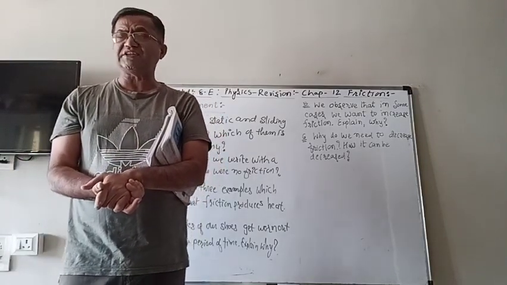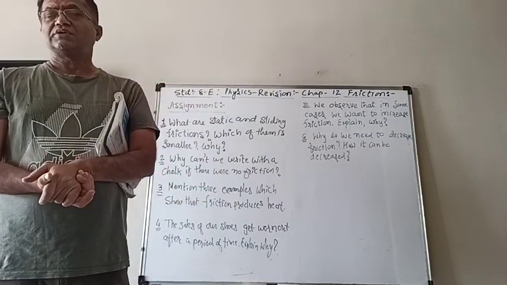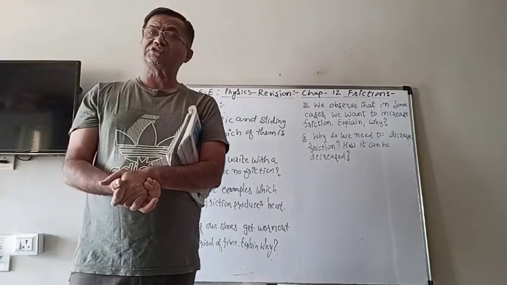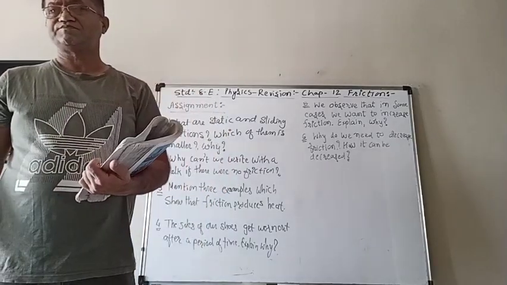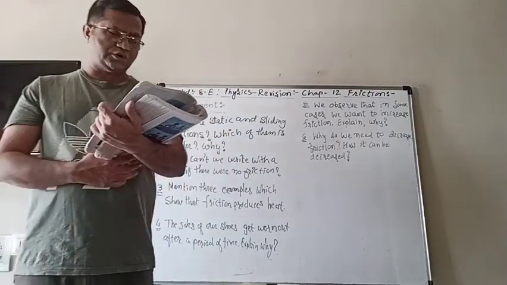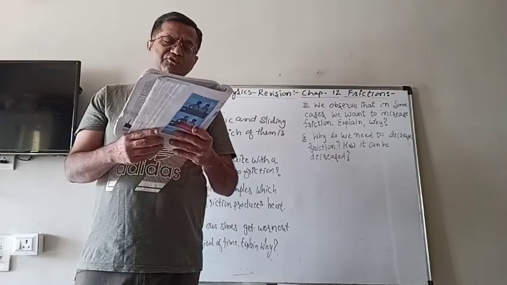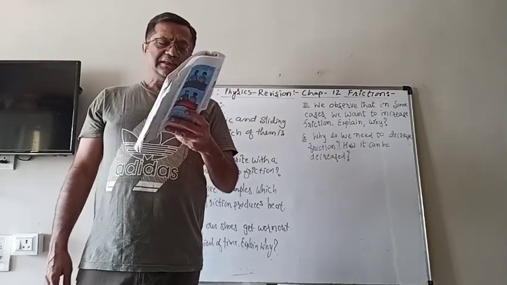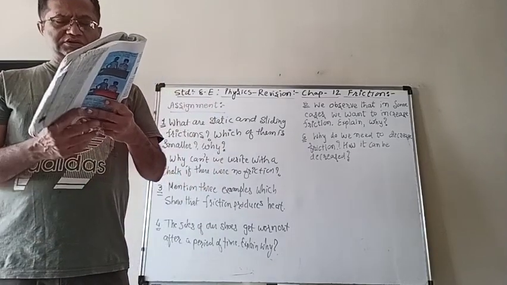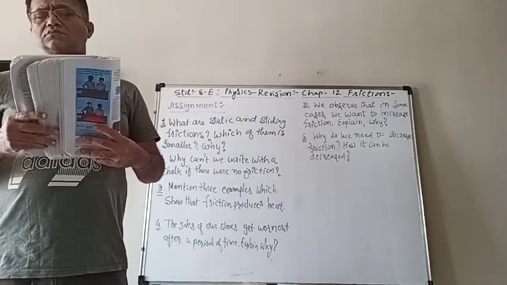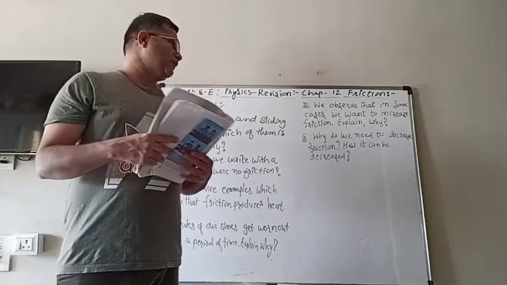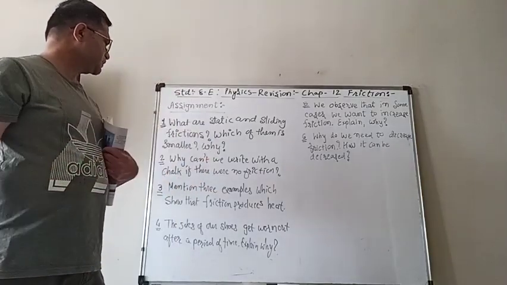But the sliding friction is the force required to keep the object which is already in motion moving. And therefore, as I told you, the sliding friction is smaller than the static friction. So that is the thing about friction.